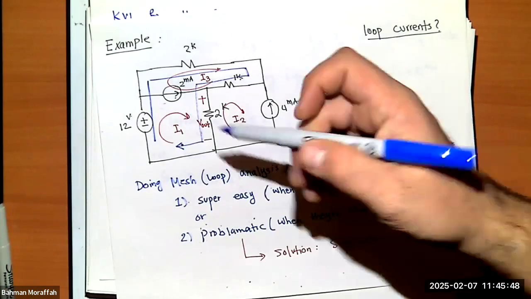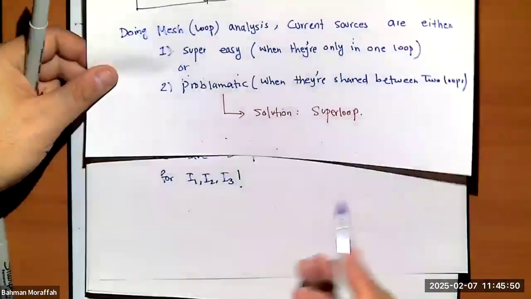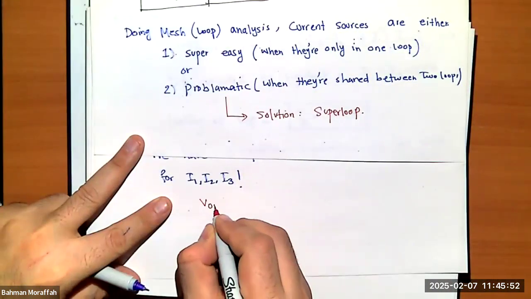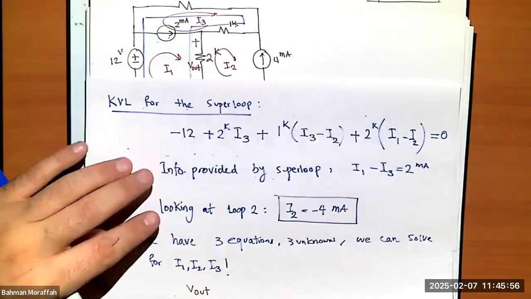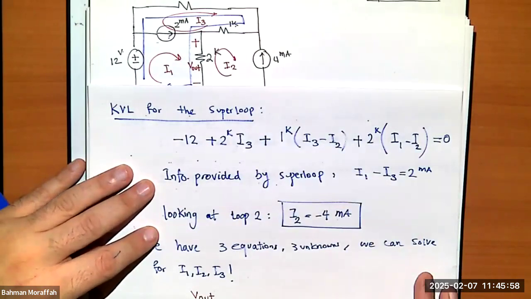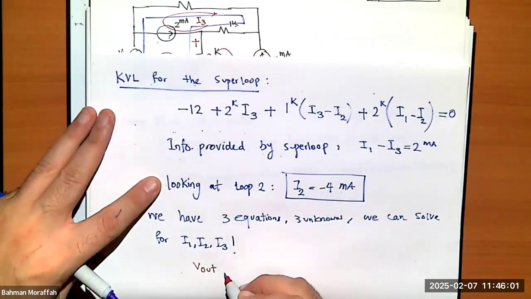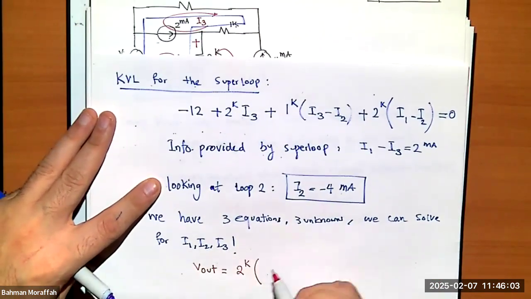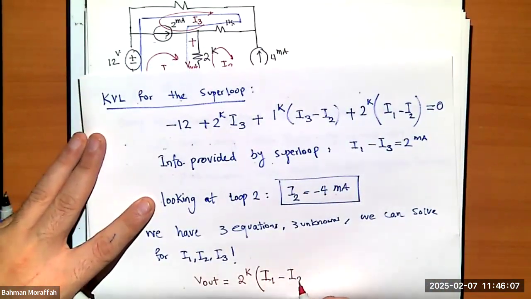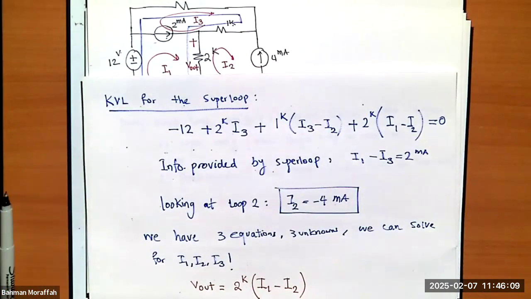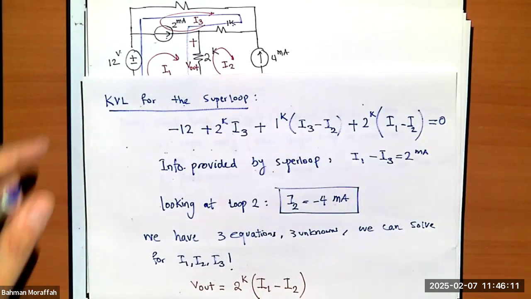Given the polarity of the Vout, I know the Vout would be 2K times the current through this guy, which is I1 minus I2. Right?